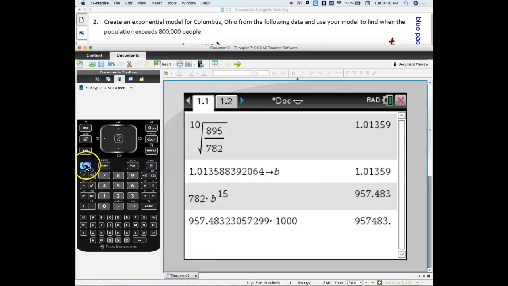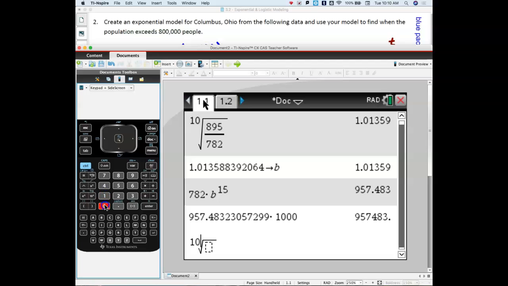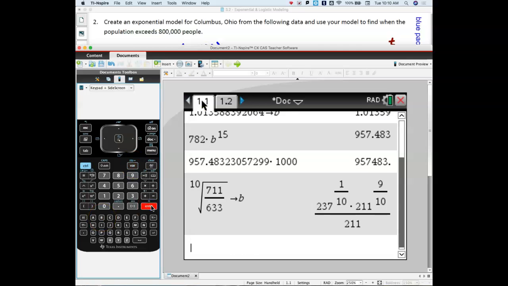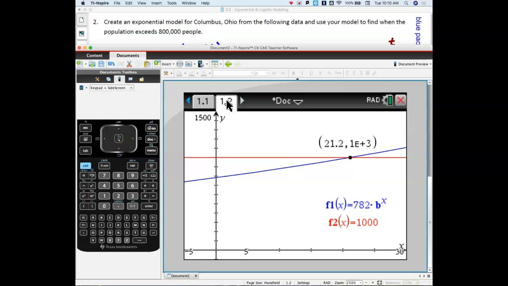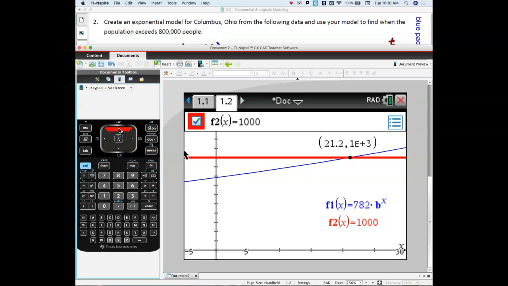Let me change around my 711 divided by 633. Okay, so there's B, that's what we want. Now this should have changed. And then I need to change this, instead of 1,000, to 800.